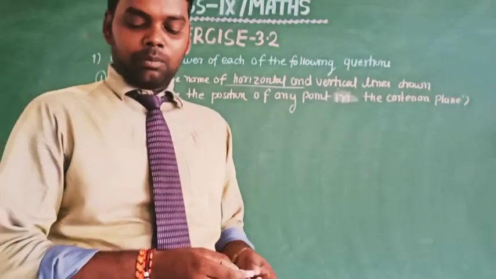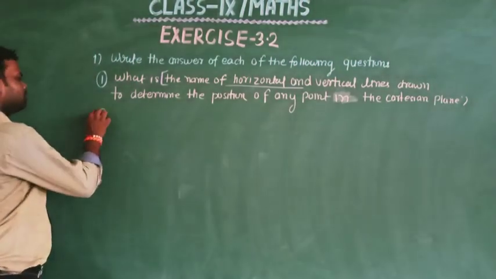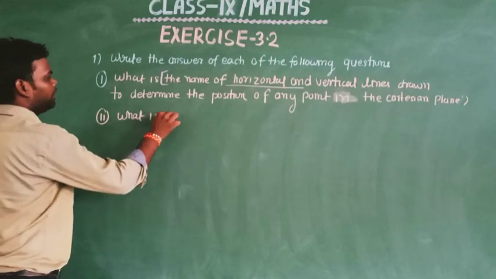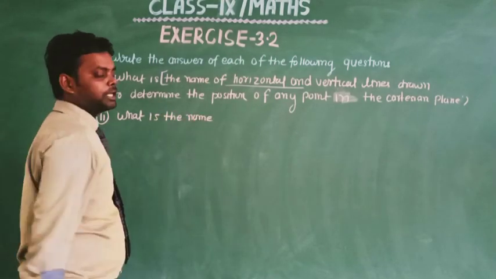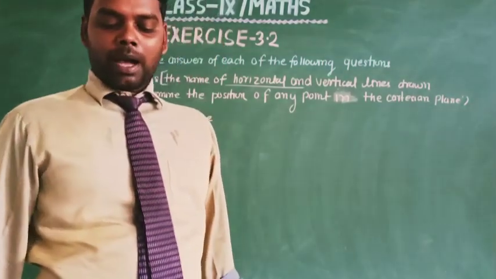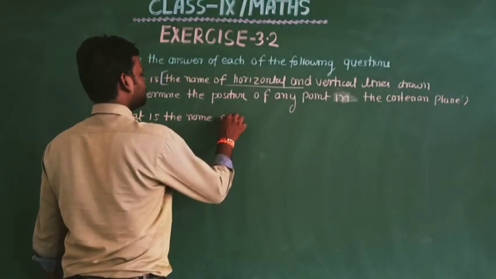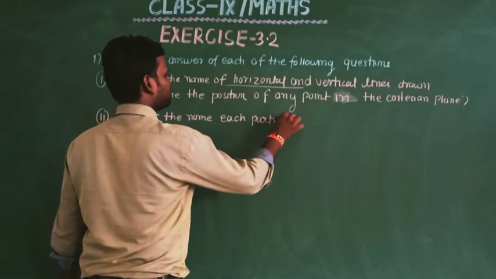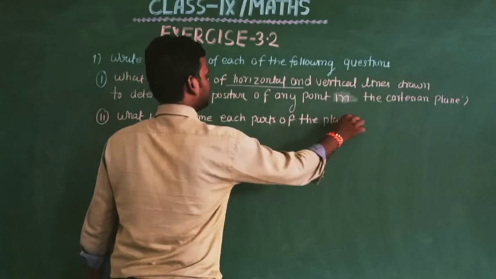Next, in the second part we have to ask what is the name of each part of the plane formed by these two lines. Can you guess, children?